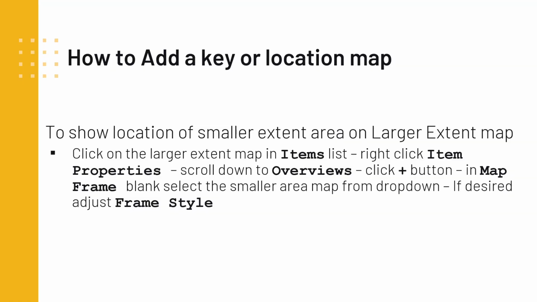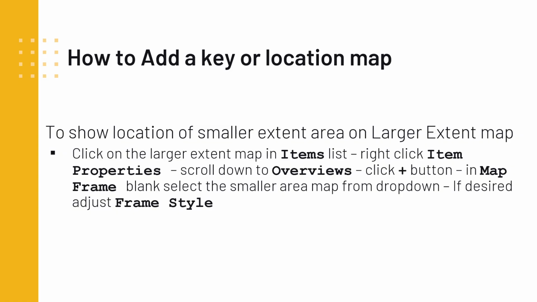So once you have the key or location map on your main layout, you need to show the extent on the larger map. So click on the larger extent map in the items list in your layout window. Right click on the item's properties. Scroll down until you see overviews.